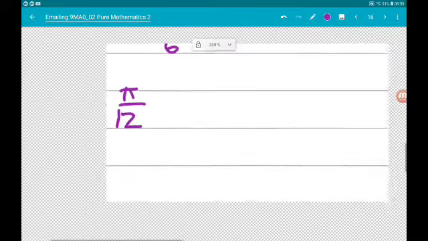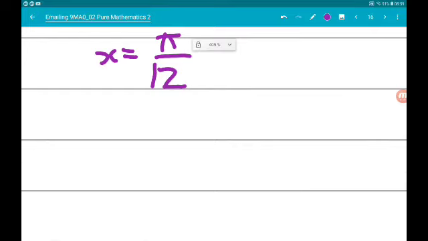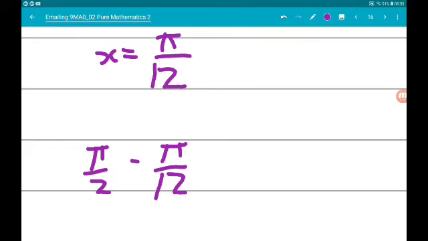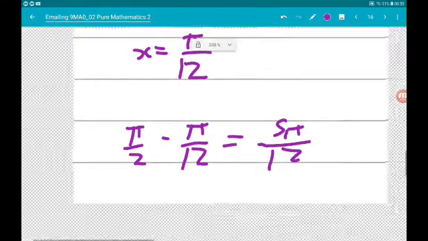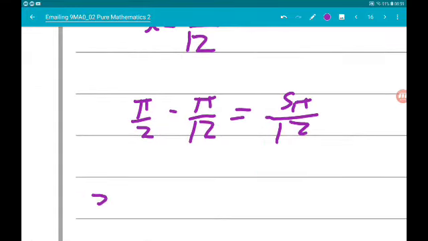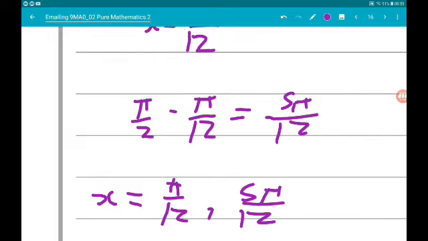So pi over 2 minus pi over 12 is, let's see, so it'll be 6 pi over 12, so we're going to get 5 pi over 12. So our two solutions are x is pi by 12 and 5 pi by 12.